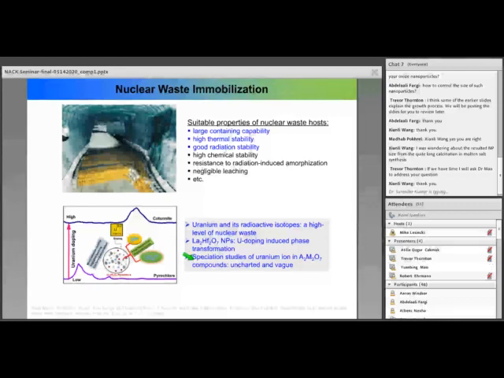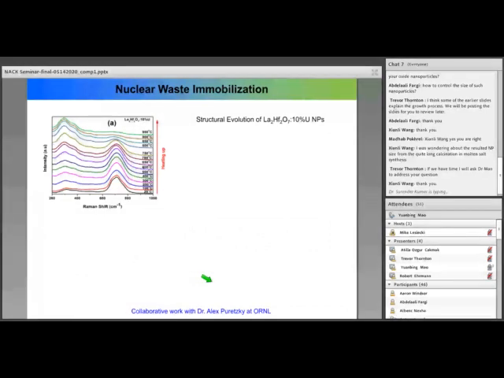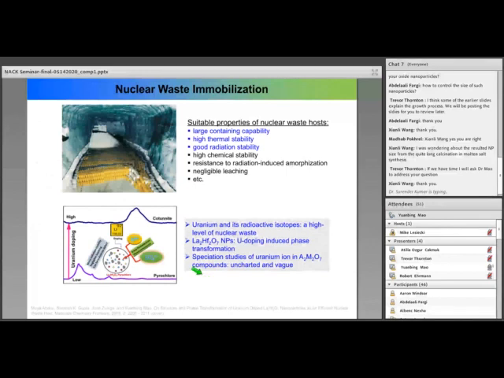It is related to luminescence through the speciation of the uranium ions, because different uranium ions show different emission peaks. That's not what we're talking about today.